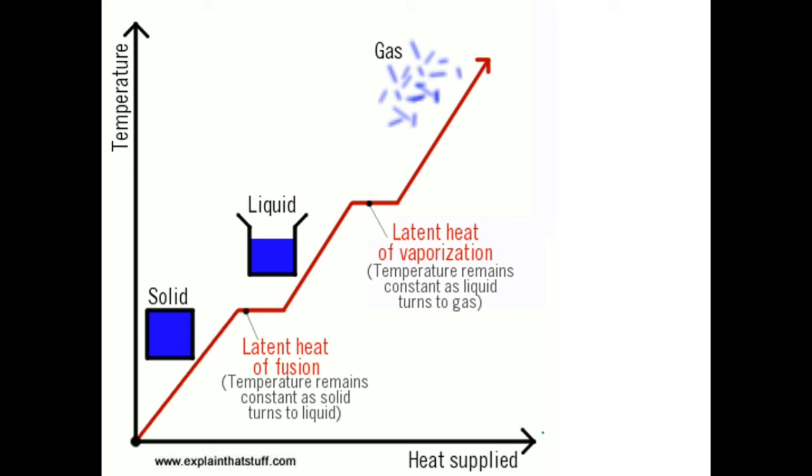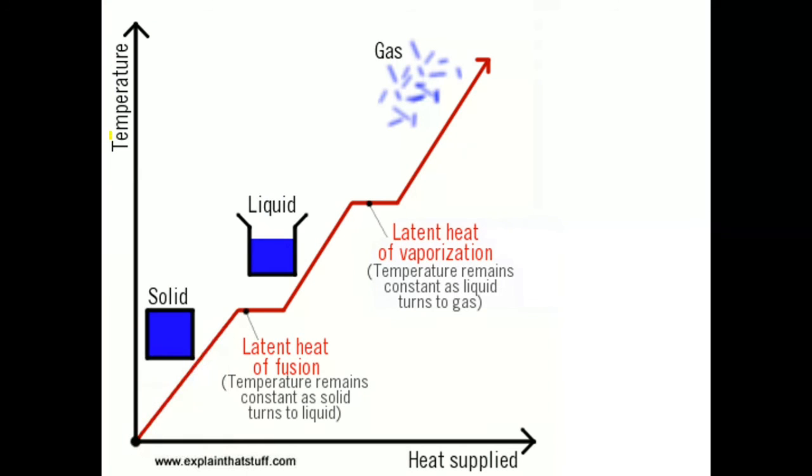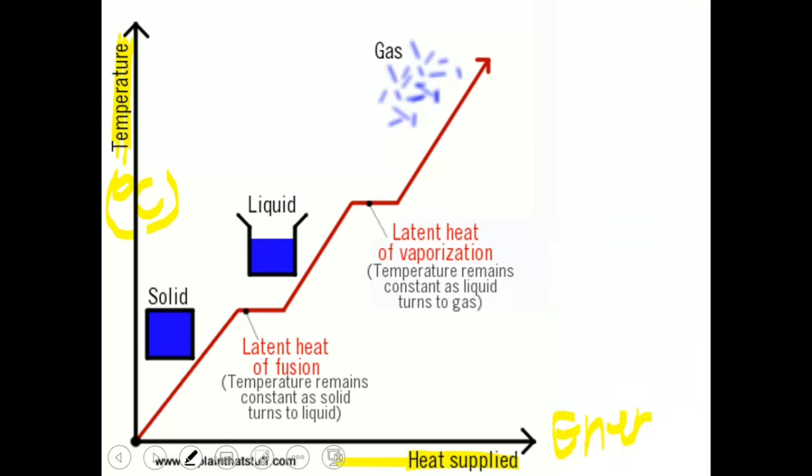Therefore, here's a little bit of a graph relationship. We have temperature on the y-axis, the vertical part over here, and the unit is degrees Celsius in Canada. And on the other axis, how much heat energy is being provided.